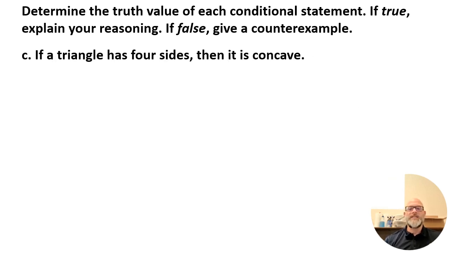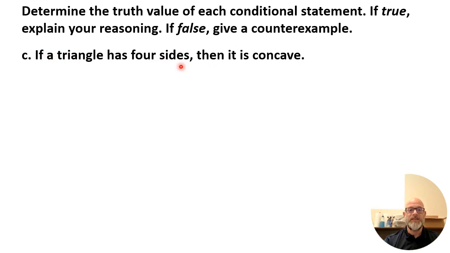If a triangle has 4 sides, then it is concave. What do we think about this conditional, about this if-then statement? True or false? Okay, before you answer, or you scream false, or whatever you're going to say right now. If P, then Q. P is a triangle has 4 sides. Q is it is concave.